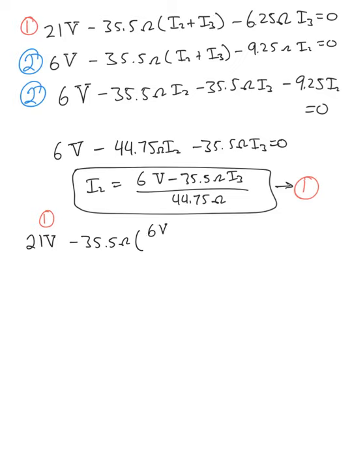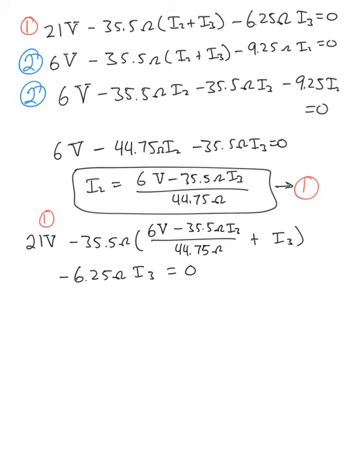So that's 6 volts minus 35.5 ohms multiplied by I3, divided by 44.75 ohms, plus I3, and then I have minus 6.25 ohms multiplied by I3, and that equals 0. So now we can explicitly multiply out each of these terms.